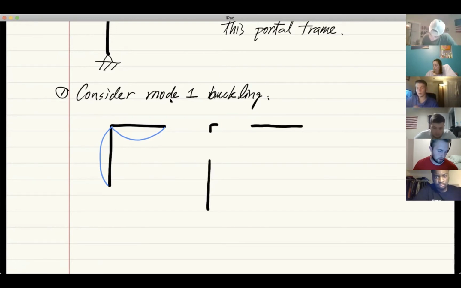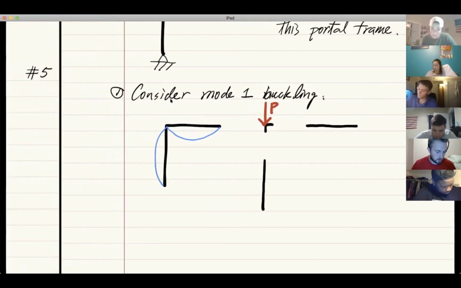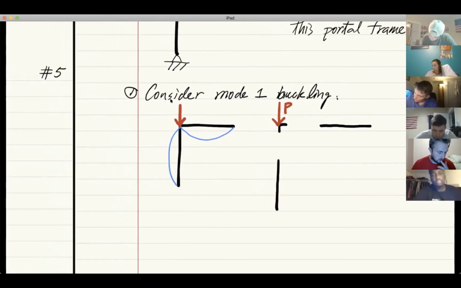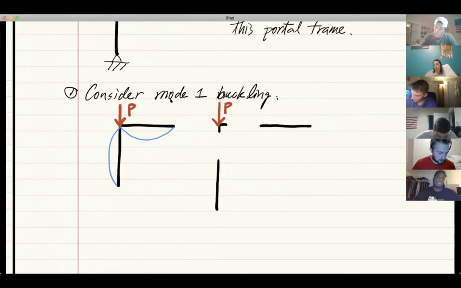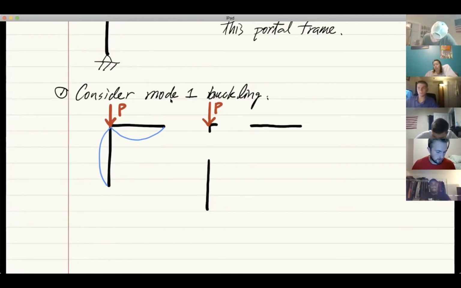And external force is acting on the joint between the beam and column. Now, what we're going to do is to determine all the internal forces. And internal forces will be labeled by a different color. Shall we use blue? So the red color indicates the external force, and the blue indicates the internal ones.